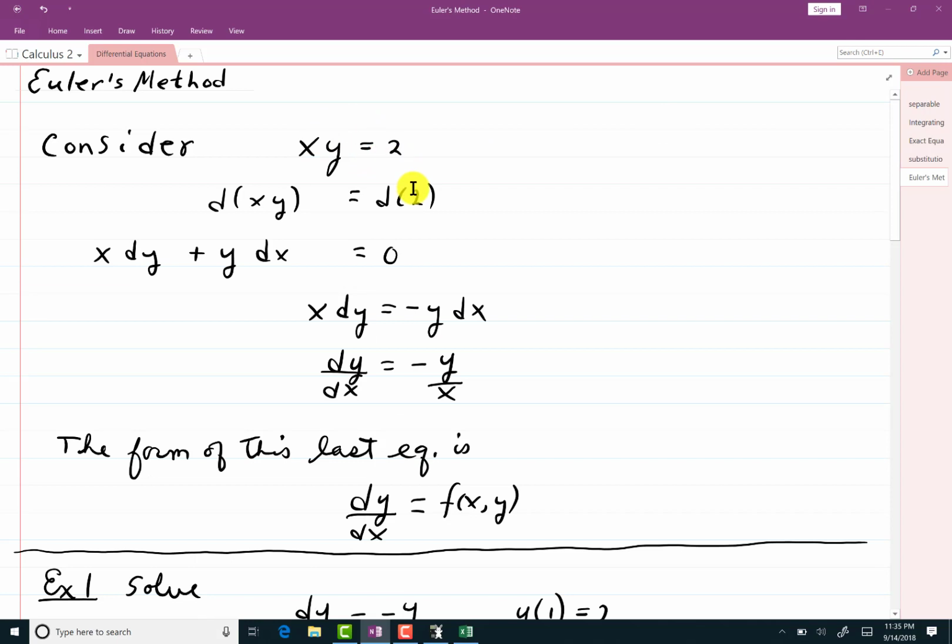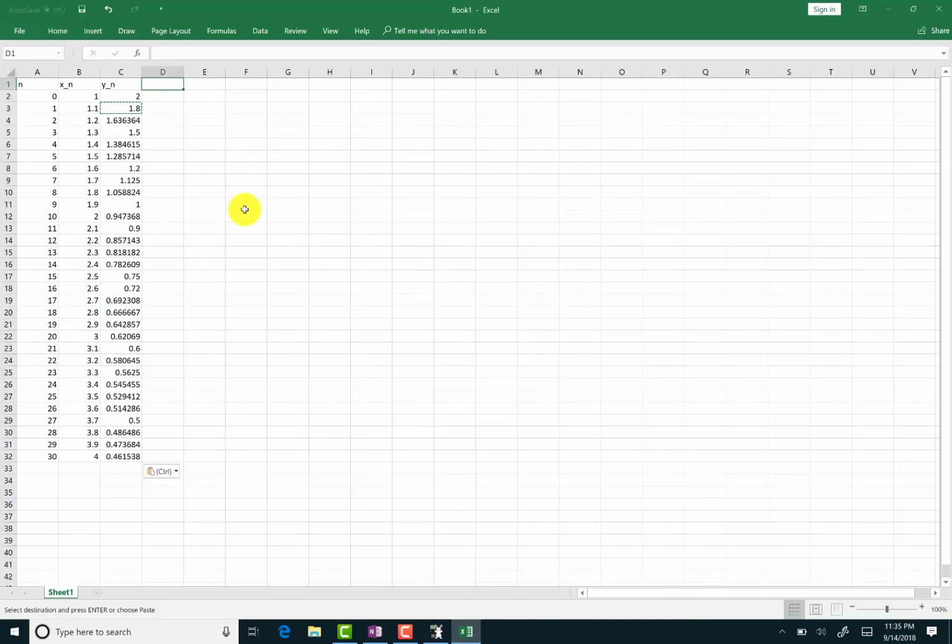The solution to this problem here is that y equals 2 over x. That's the solution. So I'm going to plug that into the Excel spreadsheet, and let's call it the real y.